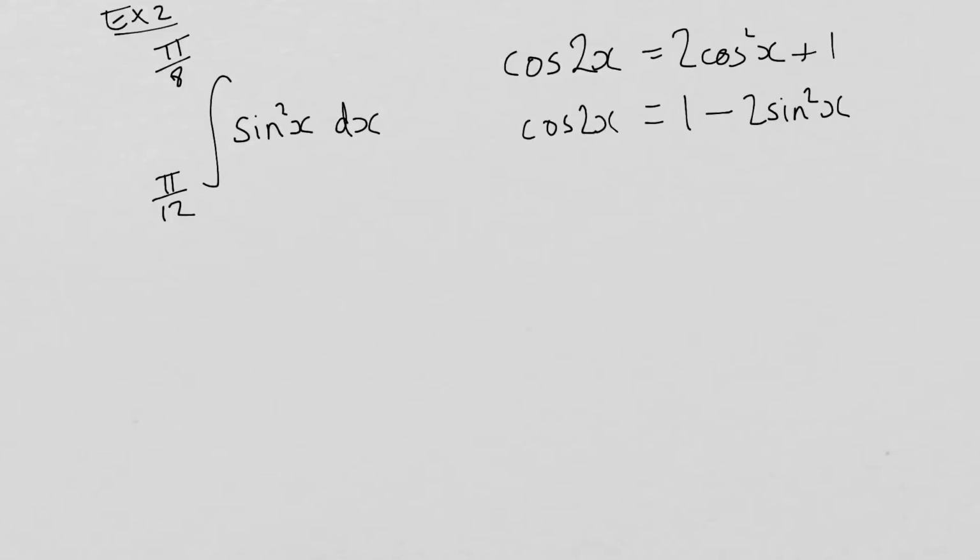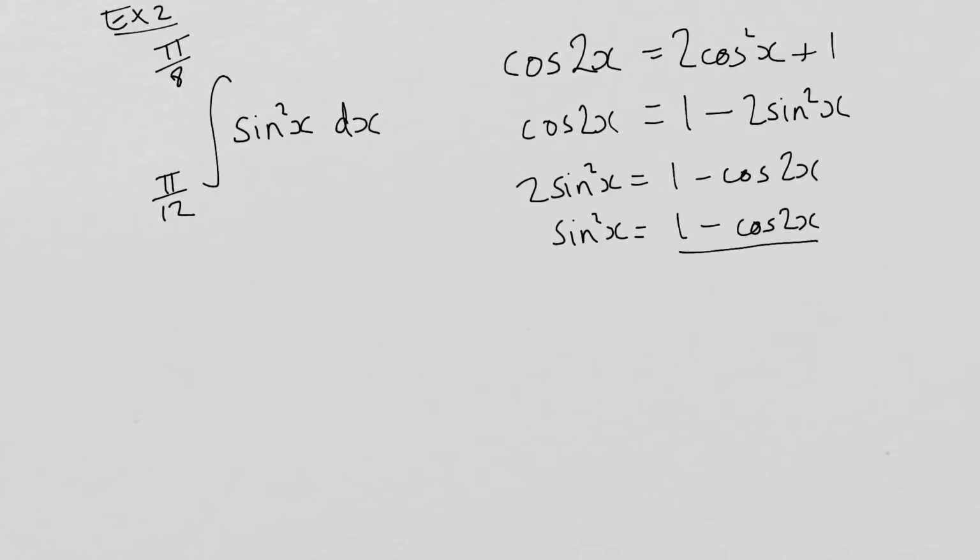So if cosine of 2x gives me that, then rearranging, I'll get that 2 sine squared of x is equal to 1 minus cosine of 2x. And then sine squared of x, isolated on its own, can give me 1 minus cosine of 2x, all divided through by 2. So what I'm really looking to integrate here then is I'm going to replace that sine squared of x for this function here.